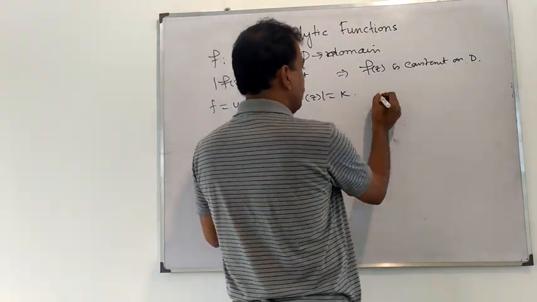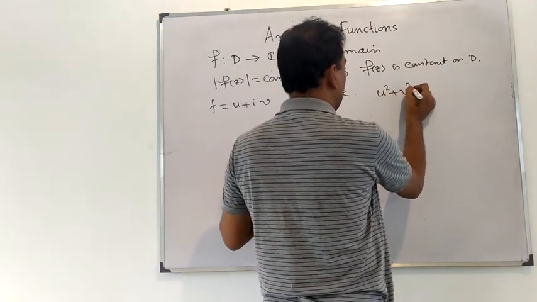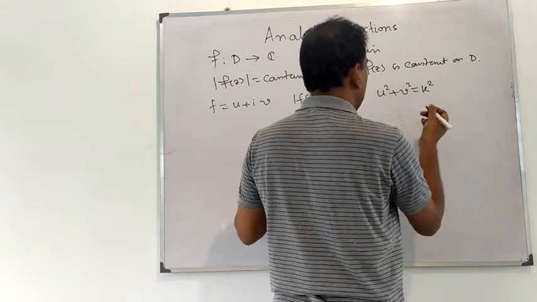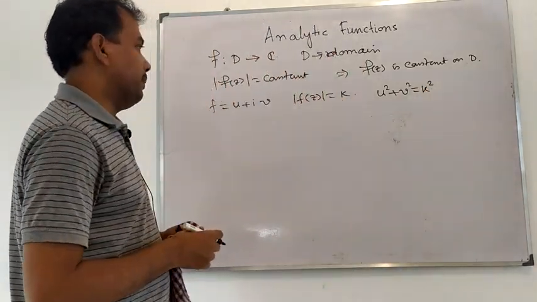This implies u square plus v square is equal to k square for all (x, y) belongs to D.